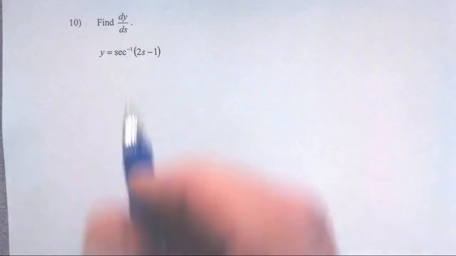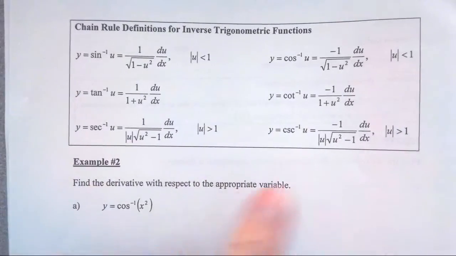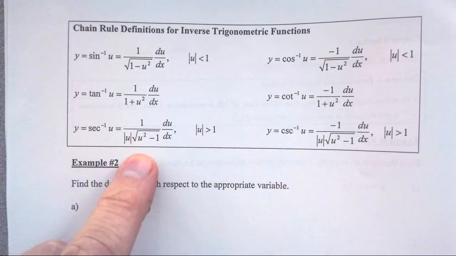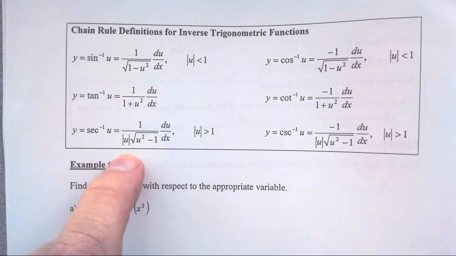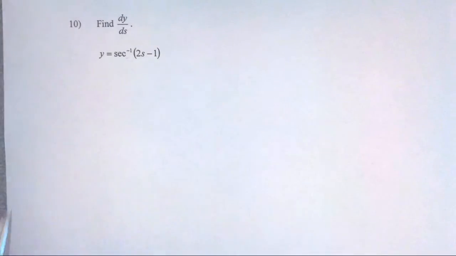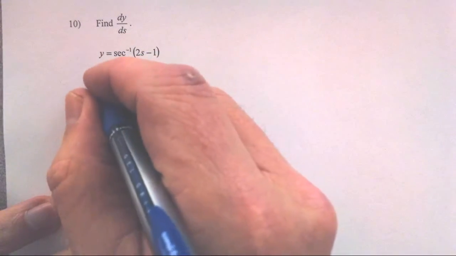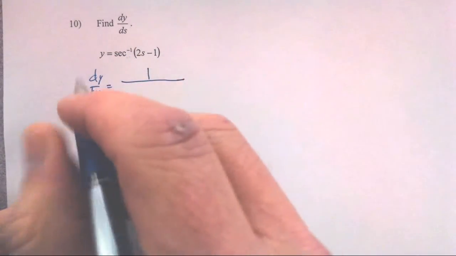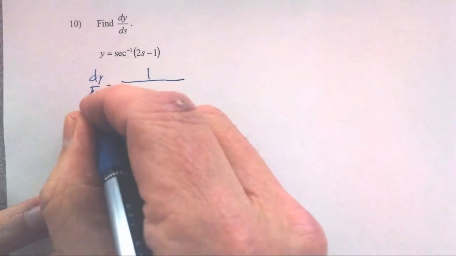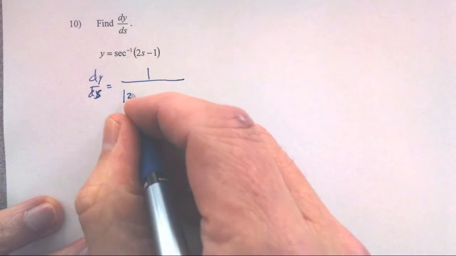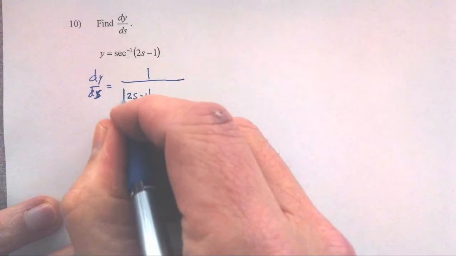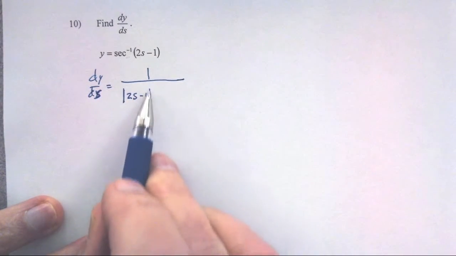So we're to find the secant's derivative. Pull this right back up here one more time. Secant, cosecant are kind of the biggest mess. One thing to note, it does switch from 1 minus u squared to u squared minus 1 under the square root, and we got this little absolute value thrown in there. So secant's derivative wants to be 1 on the absolute value of the argument, so this is actually dy ds, not dx, 1 on the absolute value of the argument, 2s minus 1, and I'm going to beg you, do not let your absolute value sign look like a 1.